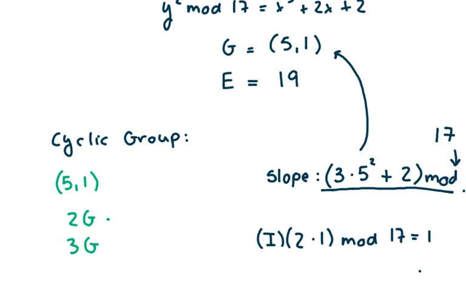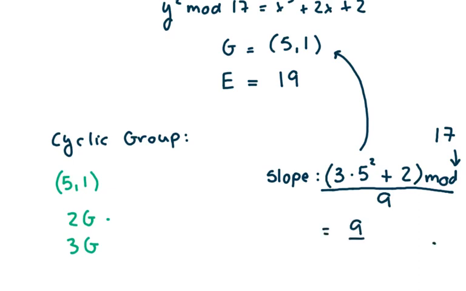And in this case, I is equal to 9, because 9 times 2 is 18, and 18 mod 17 is equal to 1. So we divide by 9. Now the result of 3 times 5 squared plus 2, all of that mod 17, is also equal to 9.